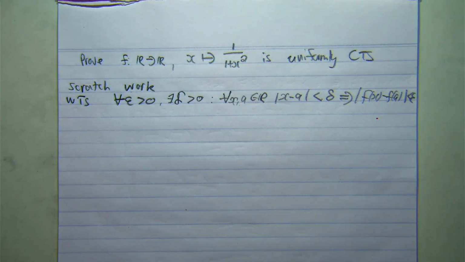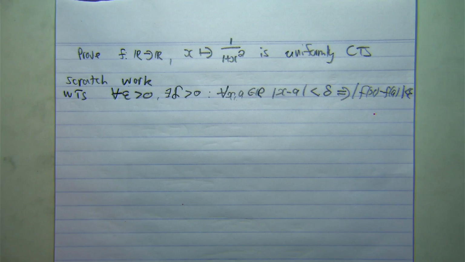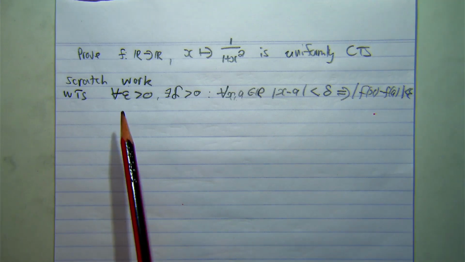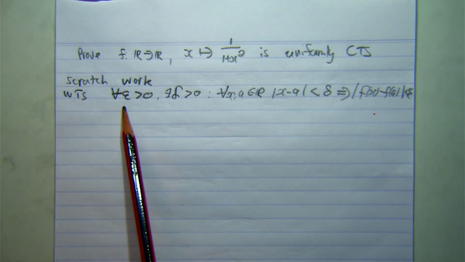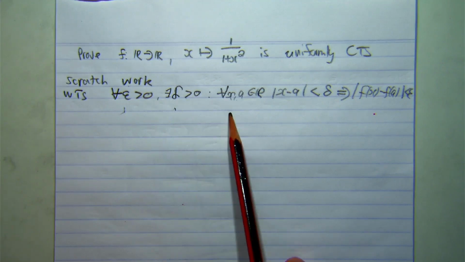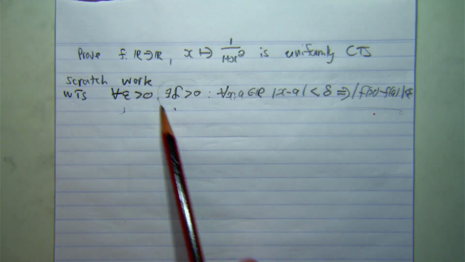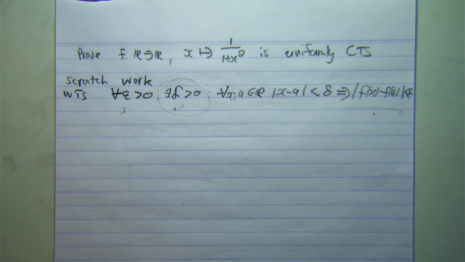So that's our definition of uniform continuity. The purpose of our scratch work is, if we flash forwards to our proof, we want to show for any arbitrary epsilon greater than 0, given this delta we choose, this holds. Our goal of the scratch work is to find how to choose this delta in response to that epsilon so that we can have the rest of this definition hold.